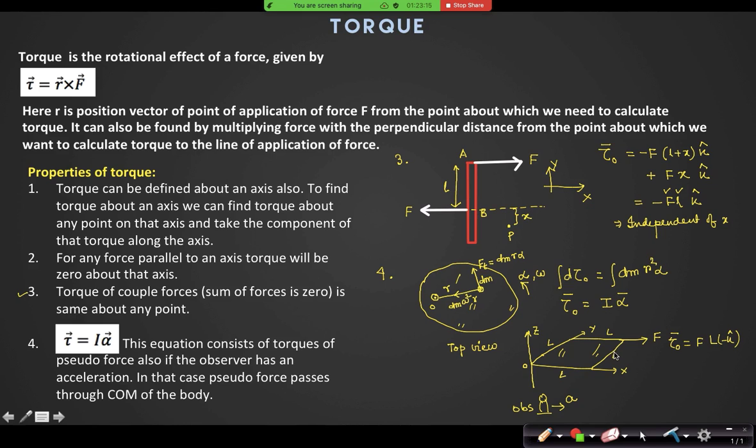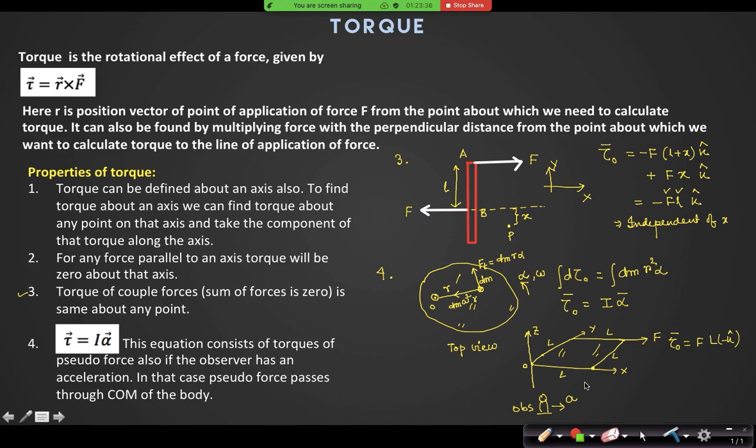I will give a pseudo force. But if I pass that pseudo force through the point O, the torque will be 0. If I pass the pseudo force through this point, the torque will be different.